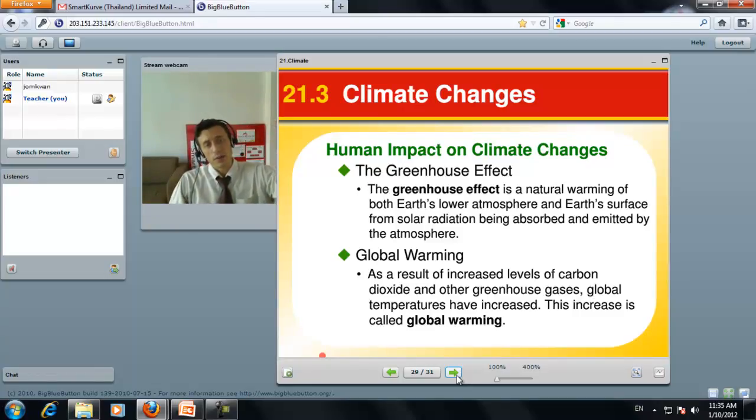The infrared is absorbed at a lower level of the atmosphere by carbon dioxide. So only that visible light comes to Earth. Now, that visible light comes down to Earth from the sun, and the Earth will actually reflect that light.